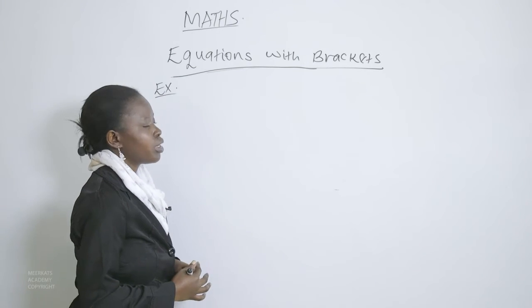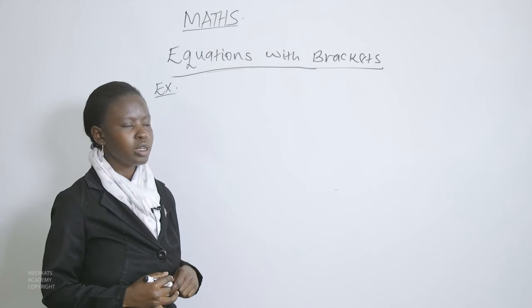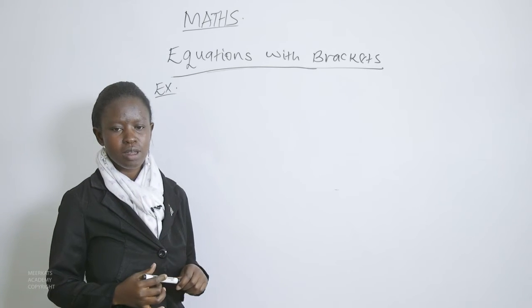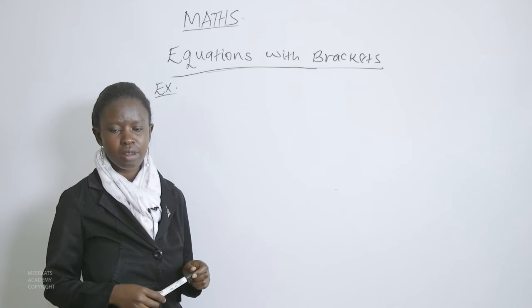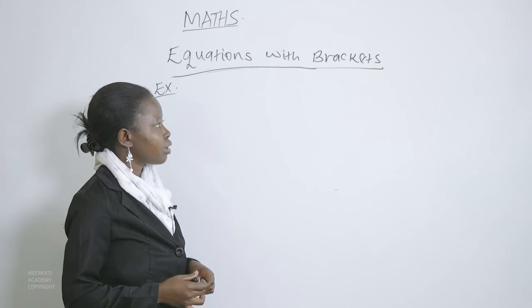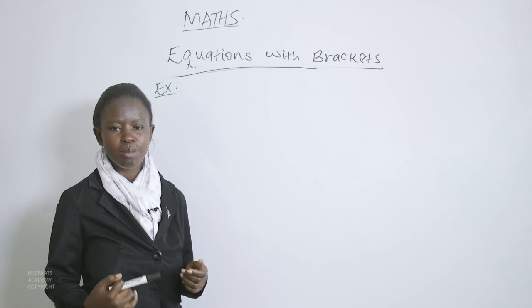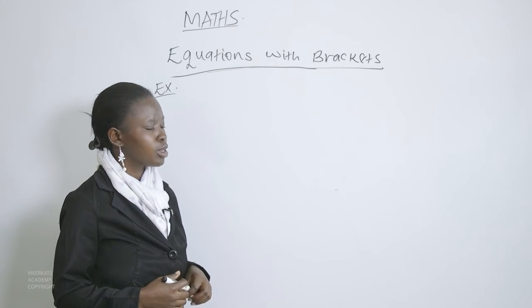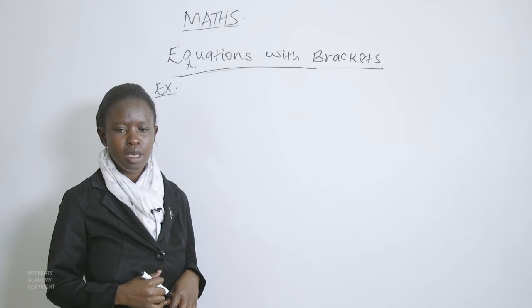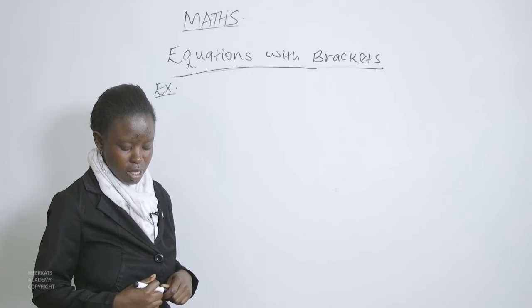So far, the equations that we've solved are ones that have only one bracket in it. But there is possibility that you can meet equations that have multiple brackets and you need to expand the brackets and solve the given equation.